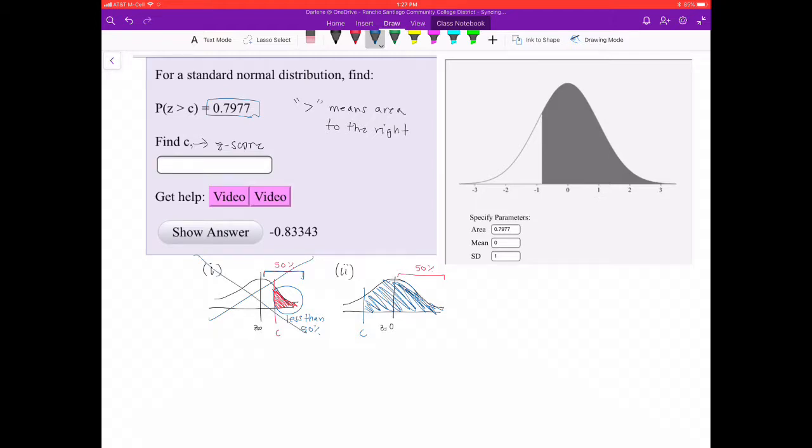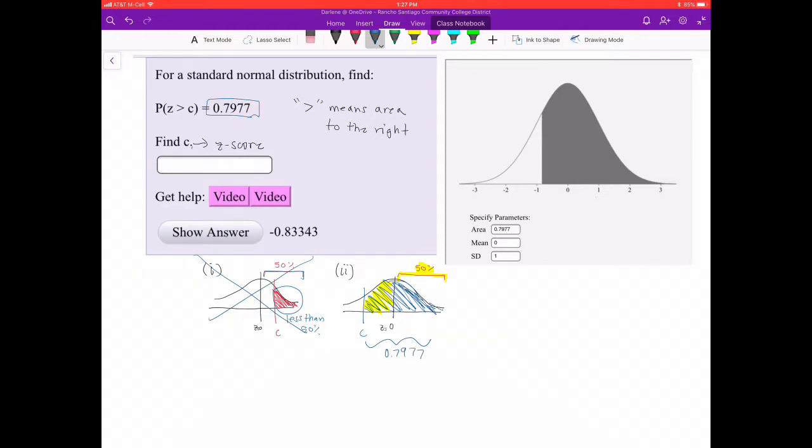So c must be on the left of the mean, because that's the only way that 50% of area is going to be included in the shading. And then we notice that we get a little bit of extra, which will give us 0.7977.